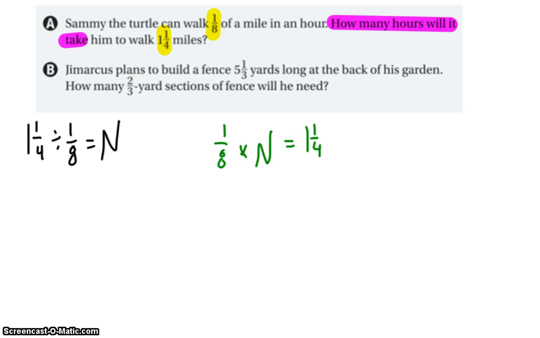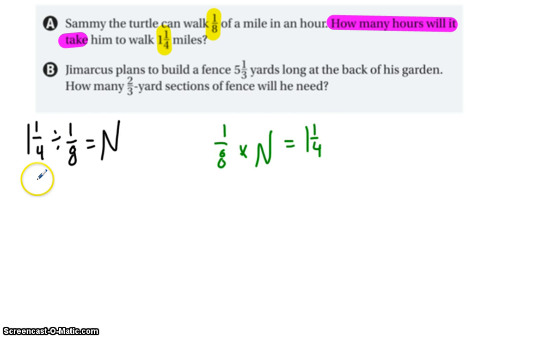Both of these are from the same fact family, but this one, using division first, gives me n on one side and everything else on the other. So I'm going to solve the division part here, and then we'll go over and I'll show you how we can balance this equation using it in the form that it comes.